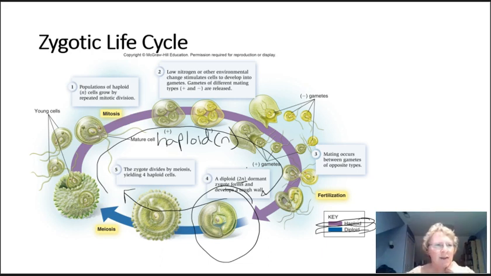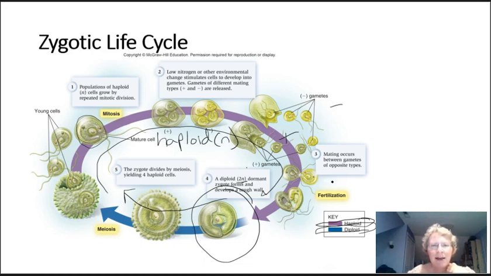So let's just run over this one more time, make sure we've got it. If we start with our cell, here's our cell, Chlamydomonas, little cutie, haploid, reproducing by mitosis to increase the population. Then environmental conditions get bad. Maybe it gets colder or darker, or nutrient levels drop. And that triggers these haploid cells to start producing gametes. And the gametes may have a plus or minus mating stage.